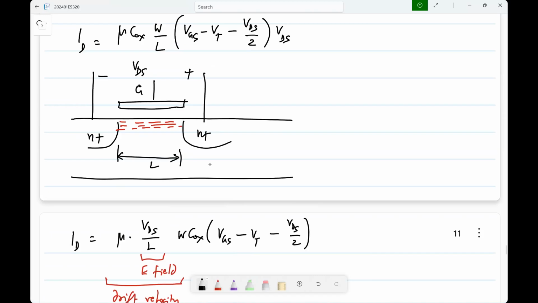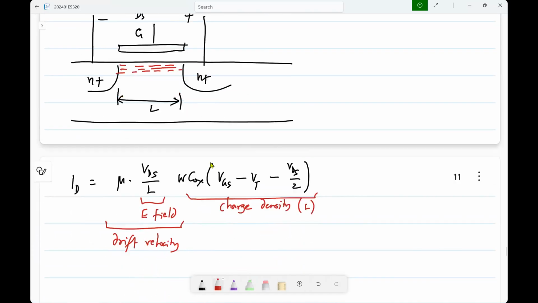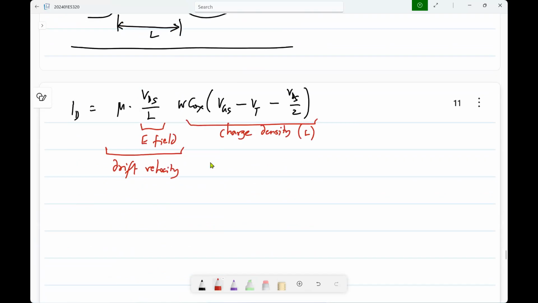Right. So this is the charge density in the lengthwise direction. Okay. So this is how we get it. You calculate the charge in the channel and you calculate the velocity by multiplying the electric field with the mobility.